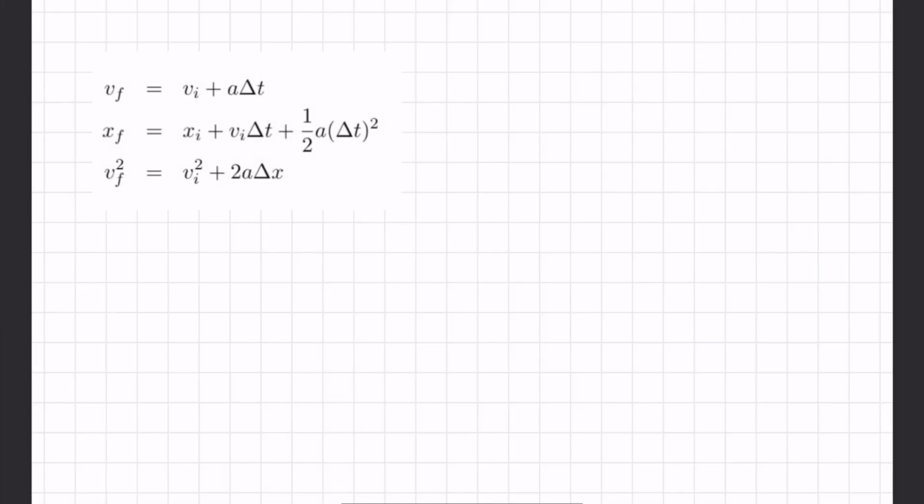Okay, so the first thing I want to take a look at are the equations that we have for kinematics and for object motion and how we can use them. So these three equations here are only going to be used when we have constant acceleration, and that will include when acceleration is equal to 0.